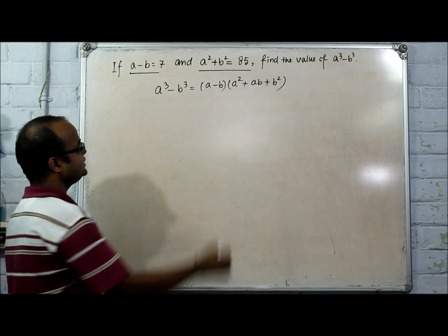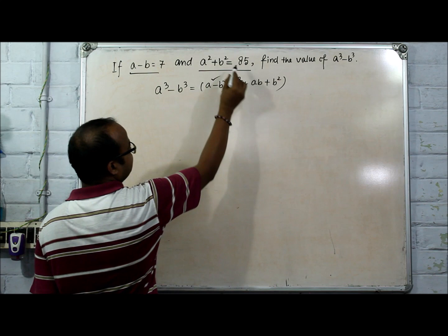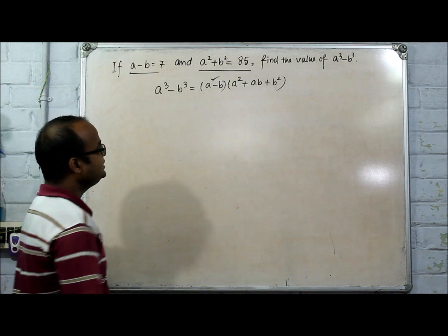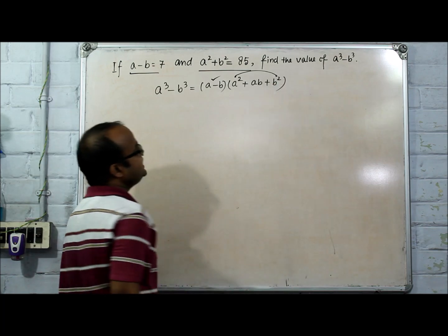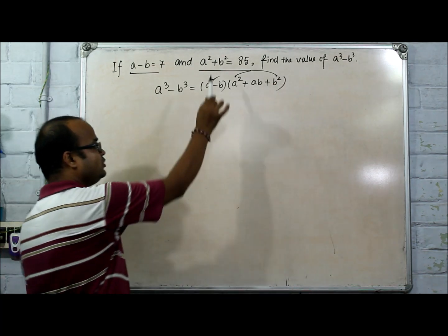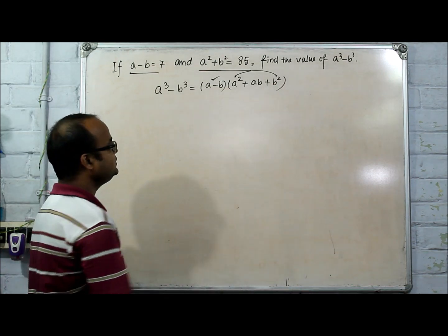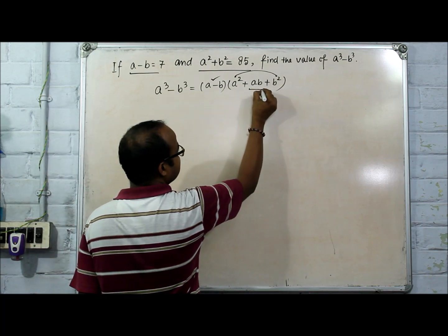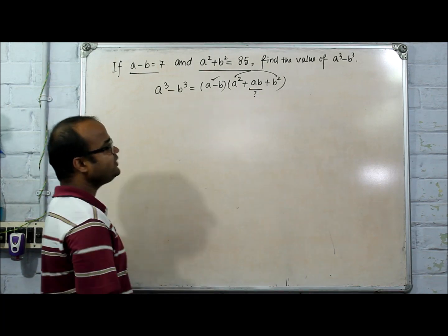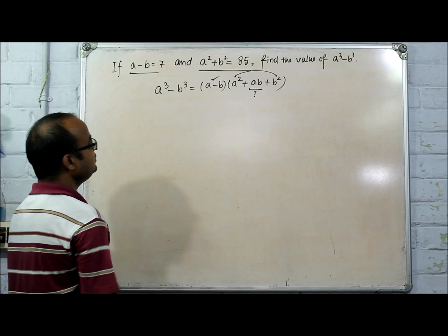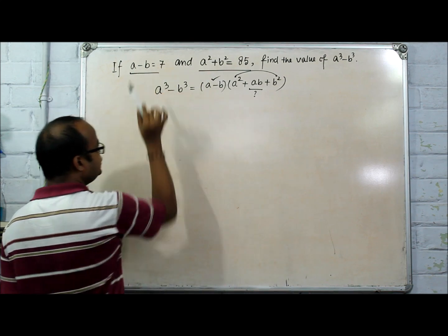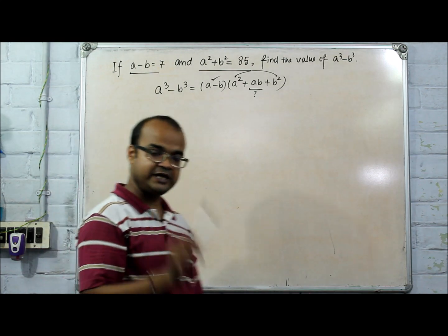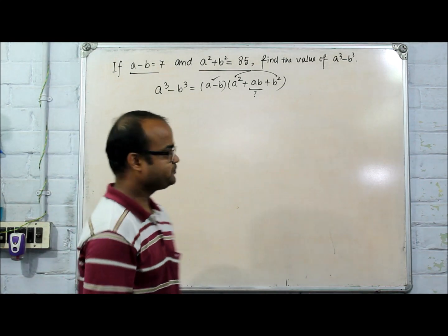Clear? Now see, the value of a minus b is given. The value of a square plus b square is also given, but the value of ab is missing.